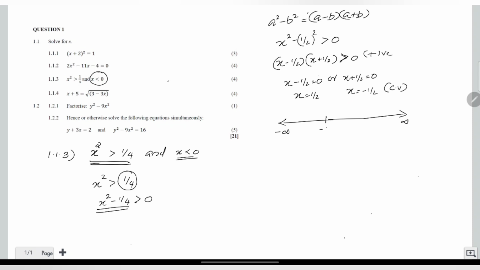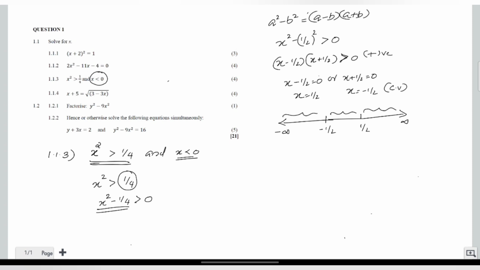The smallest number is minus half, then plus half, approximately. Clear? So you can see how many sections. Those two numbers are going to divide the entire line into 3 sections. So the first section is from minus infinity to minus half, then minus half to half, then half to infinity. So 3 sections: left, right and middle, isn't it?